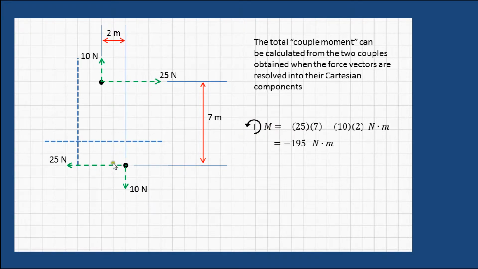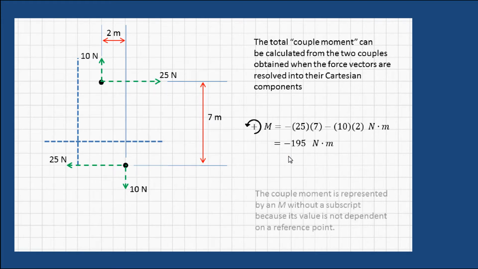We look at the 25 Newton force, and in general it's causing a clockwise rotation, not about any given point, just looking at the figure itself, and it has a moment arm of 7 between the lines of action, and the 10 Newton force with its distance between the lines of action of 2, again in general causes clockwise rotation, which in this case, to no surprise, produces a total moment, or as we're going to call it, a couple moment of 195 Newton meters.